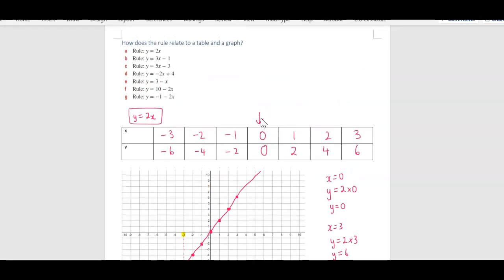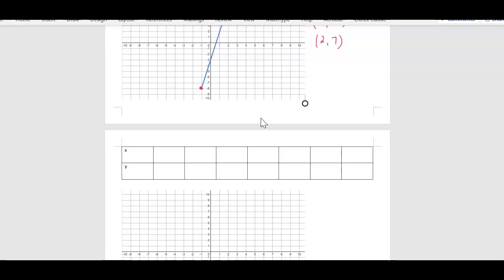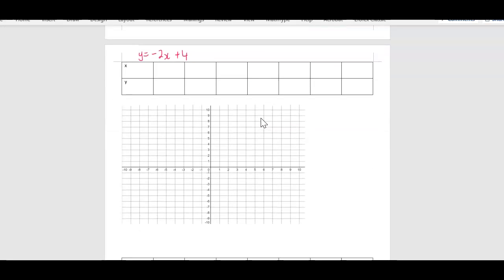What is that? -2x plus 4. All right, so the y-intercept is 4, so I'm going to put that in underneath x equals 0.